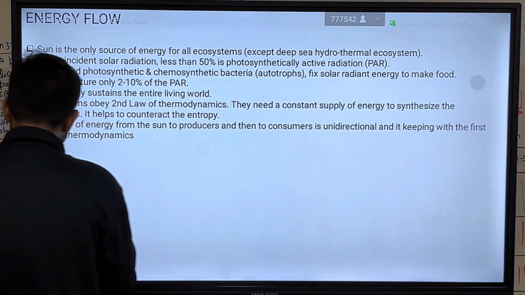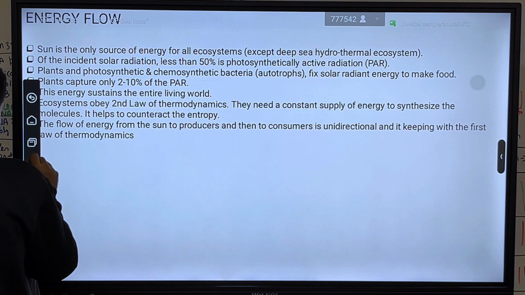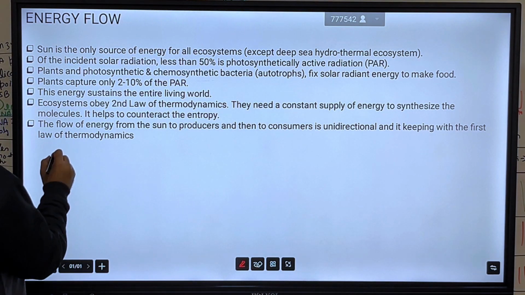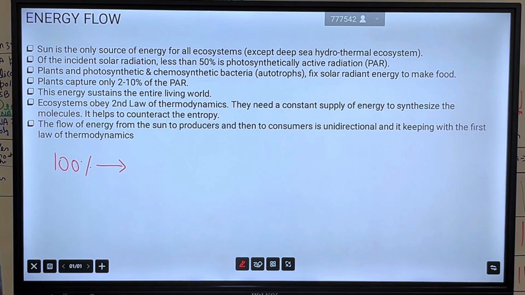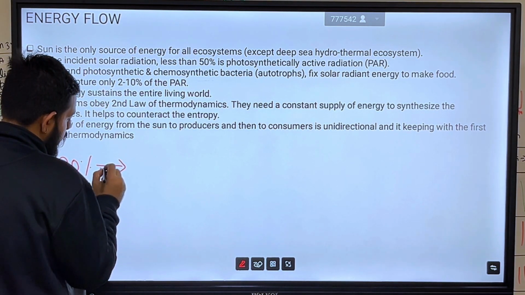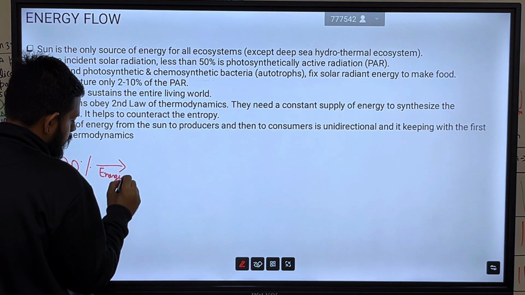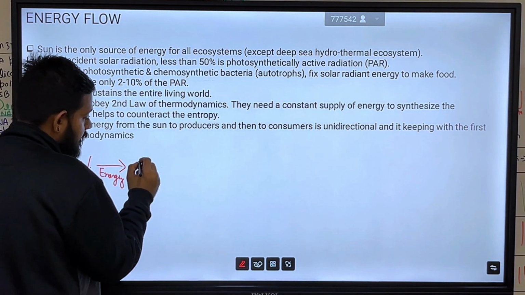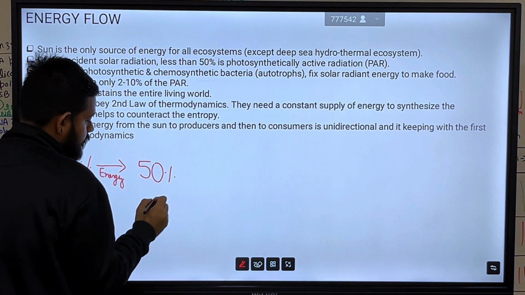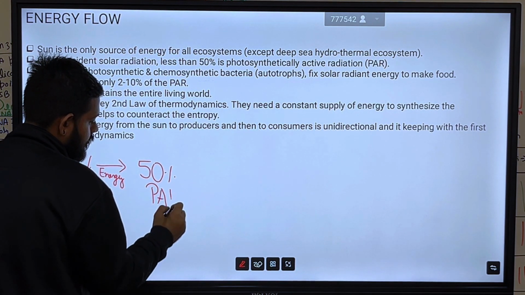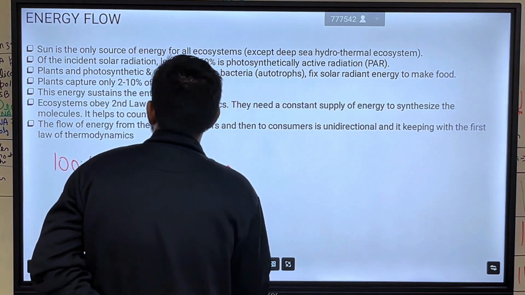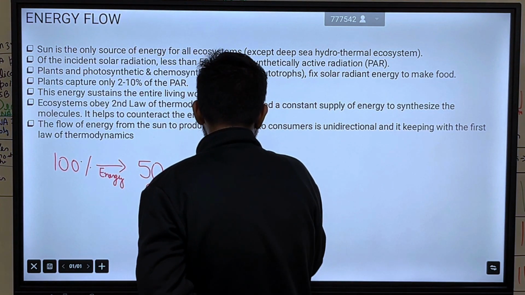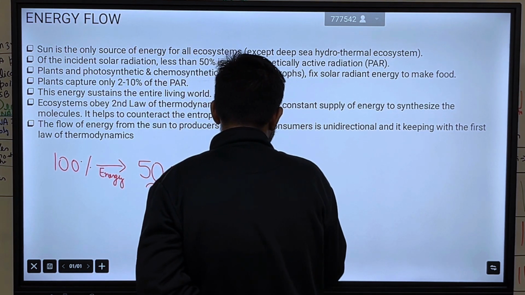See, 100% energy is coming from your sun. Out of that, 50% is PAR, photosynthetically active radiation, and out of that 50%, plants capture only 2 to 10%.